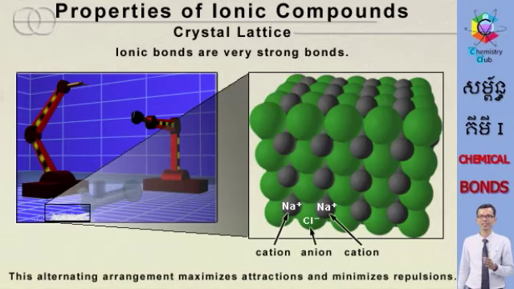This alternating arrangement of oppositely charged ions maximizes the attractions between opposite charges and minimizes the repulsions between like charges. This arrangement forms a three-dimensional structure called a crystal lattice. As a result of the crystal lattice structure, ionic compounds possess characteristic properties which you will now explore.